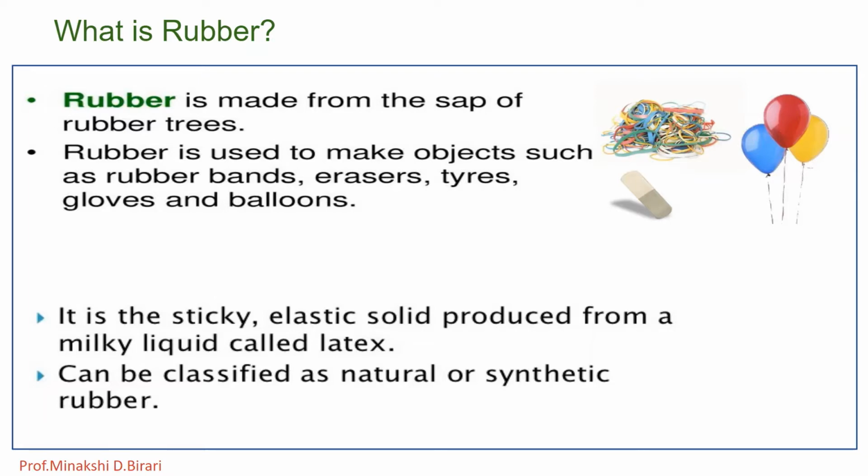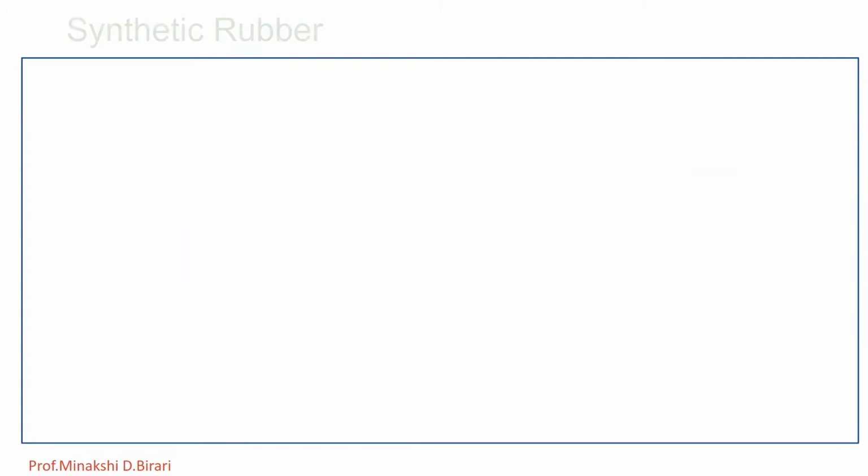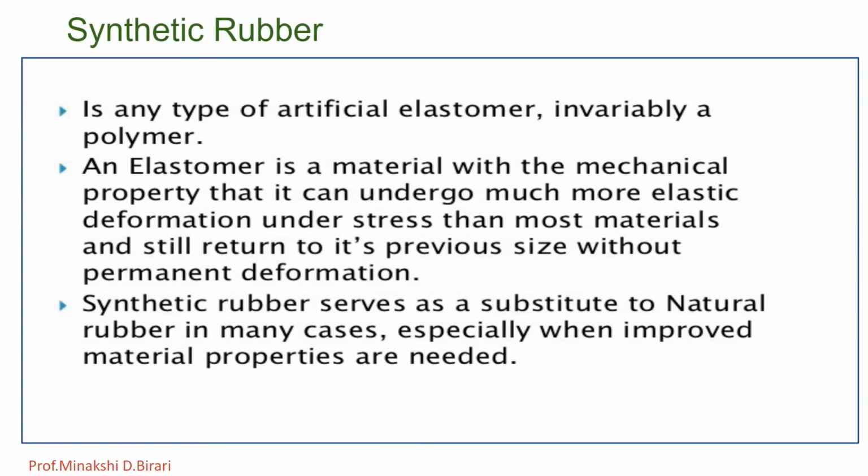What is natural rubber? Natural rubber is a high molecular weight linear hydrocarbon polymer which exhibits elasticity and other rubber-like properties. Natural rubber is obtained from the latex, a white liquid present in rubber trees, whereas synthetic rubber is any type of artificial elastomer, invariably a polymer.